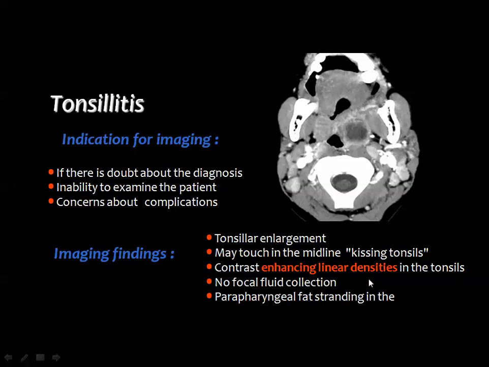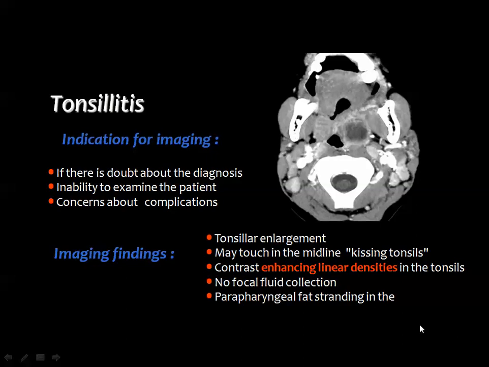Then the CT appearance of tonsillitis is very characteristic. You'll see that the tonsil is enlarged, and if both tonsils are enlarged, they may touch each other across the midline, what is known as the kissing tonsils.